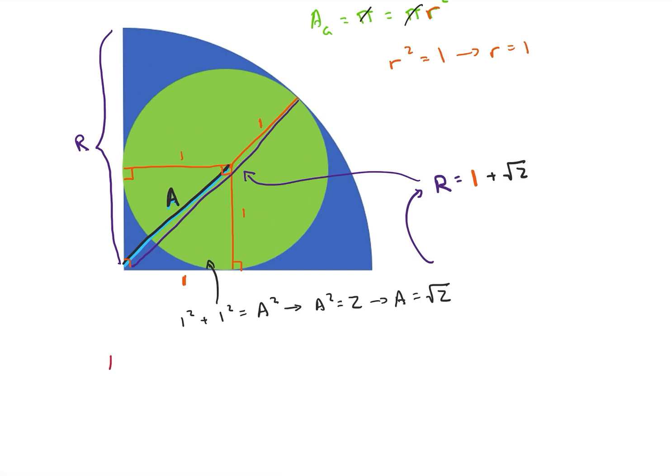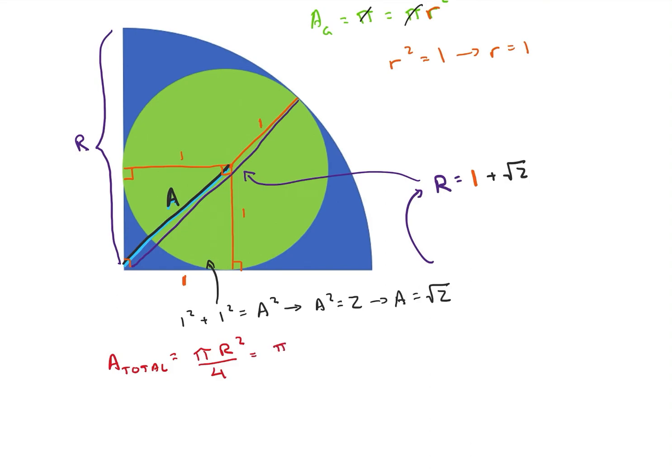Let's get the area of the total. This is going to be the total area of the quarter circle, and that area is given by pi r squared, which would give us the total area of a whole circle, divided by 4.